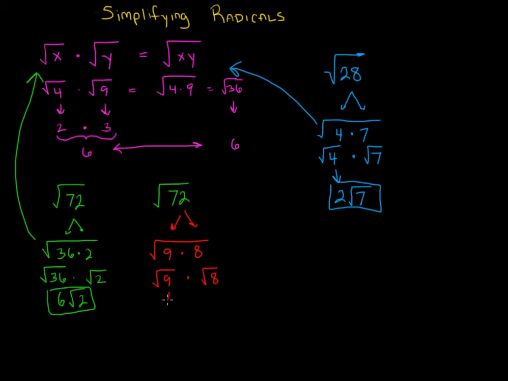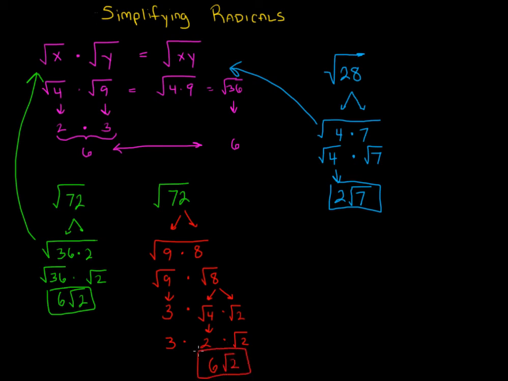Well, the square root of 9 is 3, but wait a second, can't we break up the square root of 8? Yeah, there's a perfect square that goes into that. It's 4: the square root of 4 times the square root of 2. So now we have 3 times the square root of 4, which is 2, times the square root of 2. We just leave that alone because we already said there are no perfect squares besides 1 that go into the square root of 2. So 3 times 2 is 6 times the square root of 2.